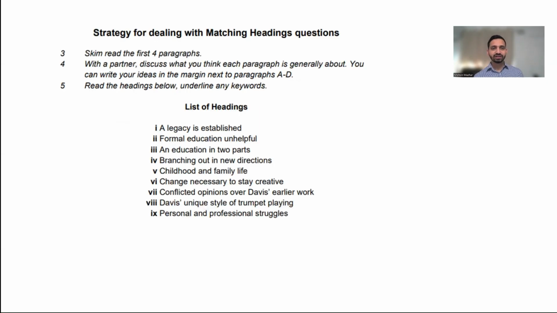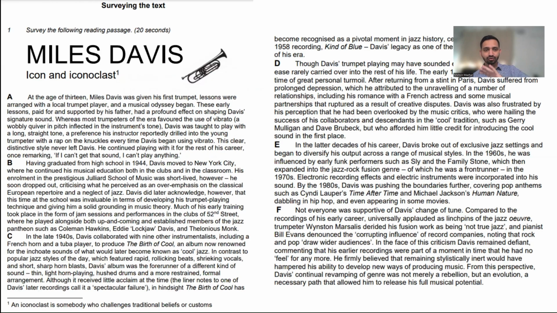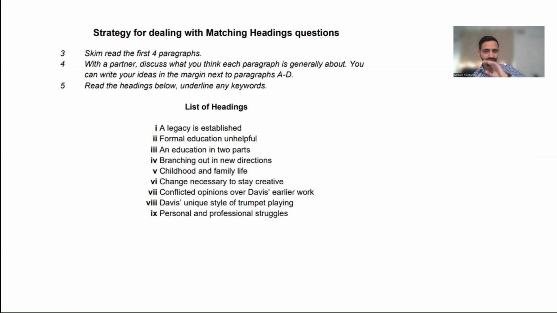All right, strategies for dealing with matching headings questions. First, skim read the first 4 paragraphs. Skim read, that's the important thing. And how many paragraphs do we have? You can go back and check it: 1, 2, 3, 4, 5, 6. So there are 6. You can skim read all 6 paragraphs and discuss what you think each paragraph is generally about.